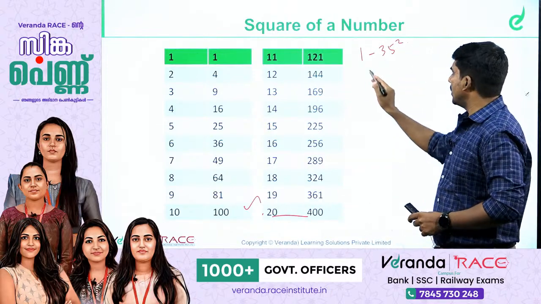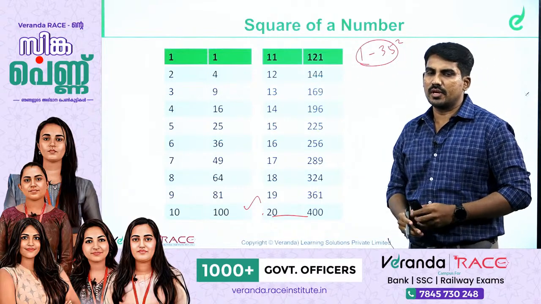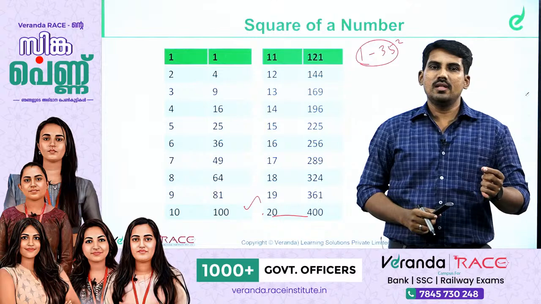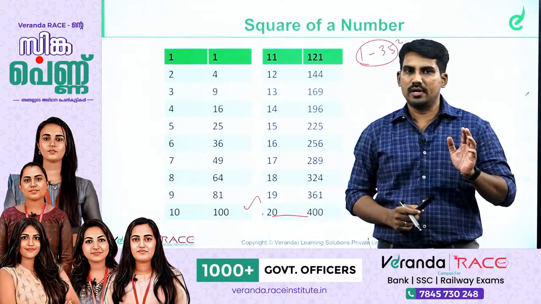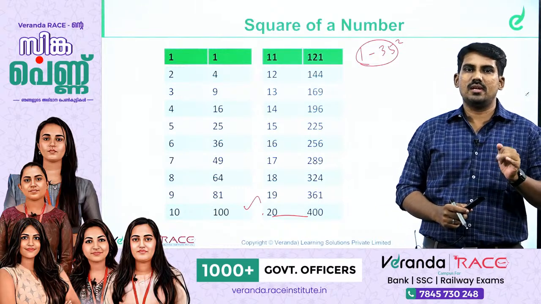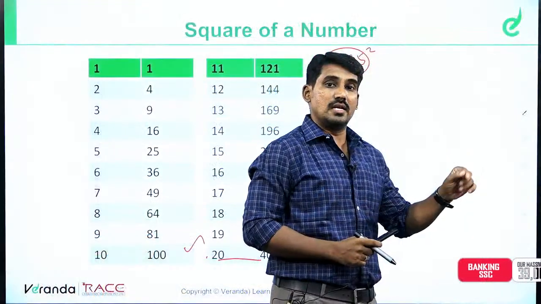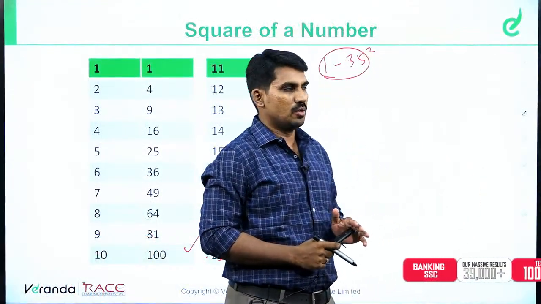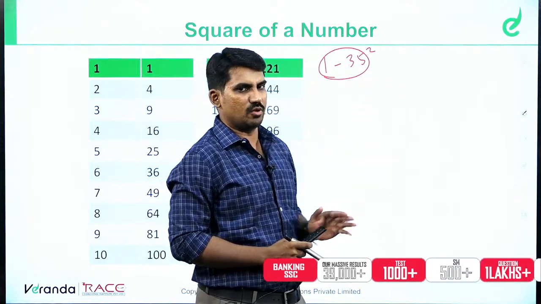But up to 35 square we have to study, right? 1 to 35 square, then cubes, at least up to 25 cubes we should know. That will be helpful for simplification questions, number series questions, and also for reasoning missing character questions. Therefore, we should study squares up to 35 square and 25 cube.